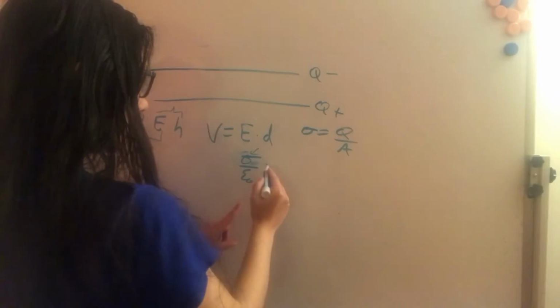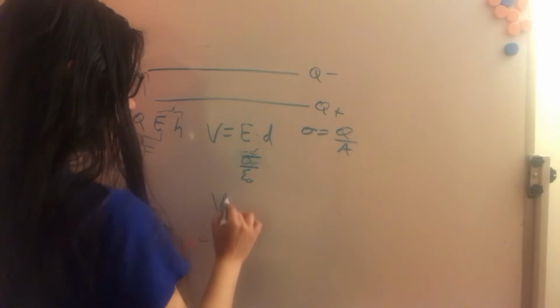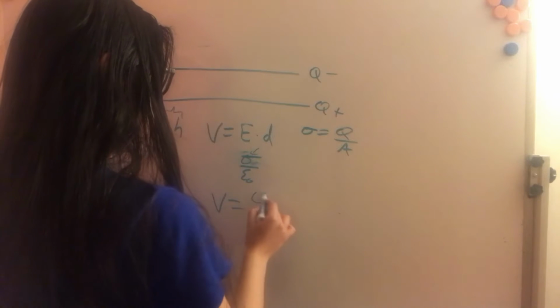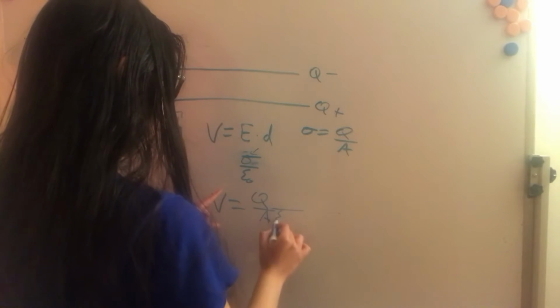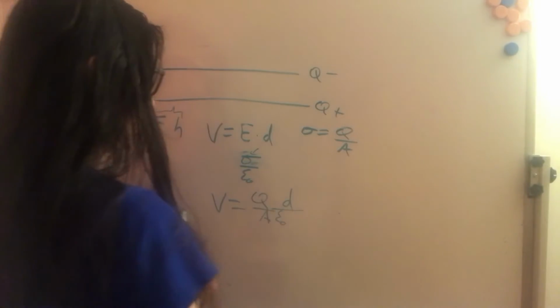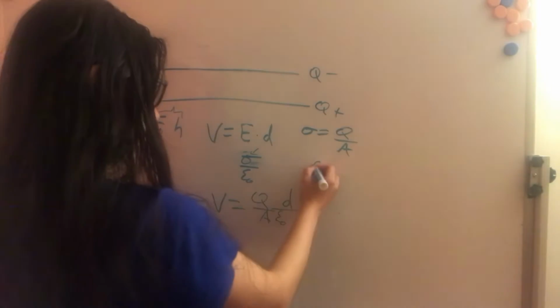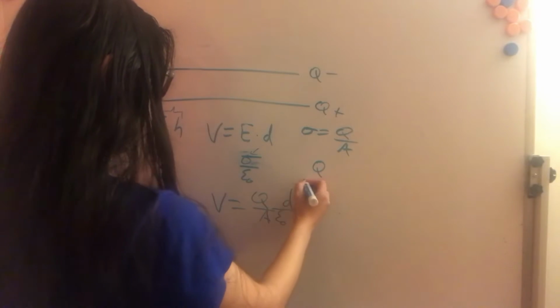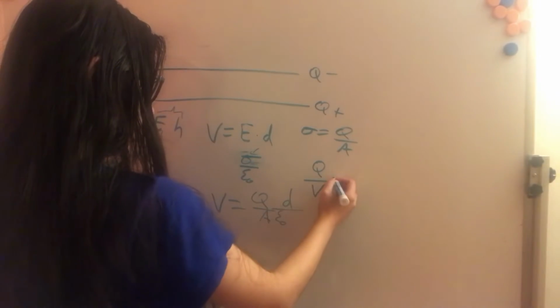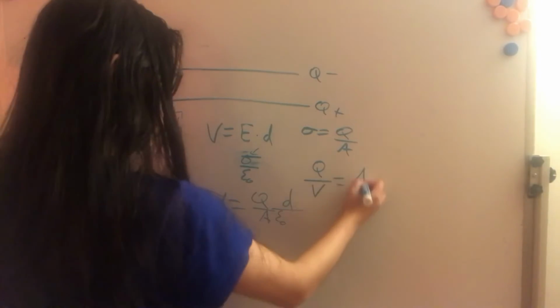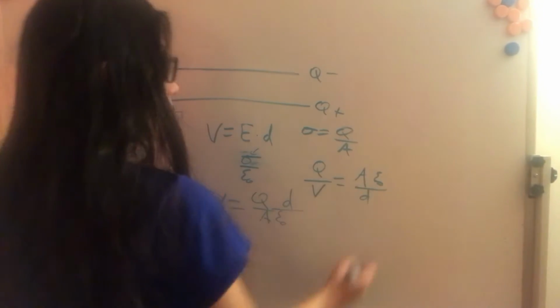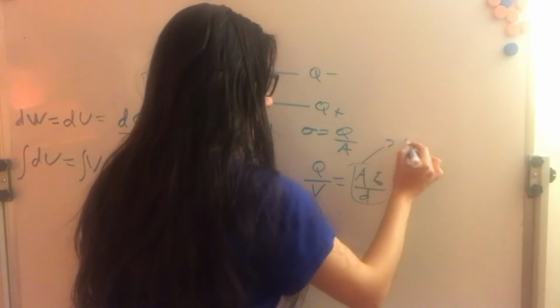So here we have that the voltage is charge per area divided by epsilon naught times the distance. If we want Q divided by voltage, we have that this is area times epsilon naught divided by D, and this is what we call the capacitance.